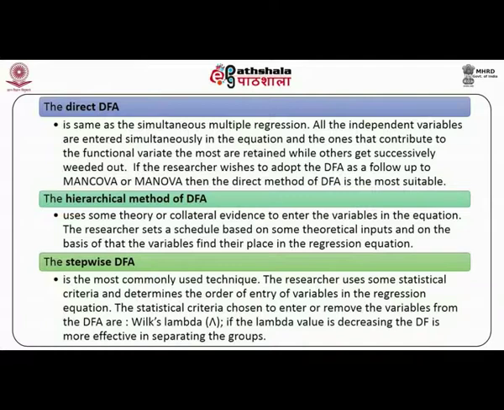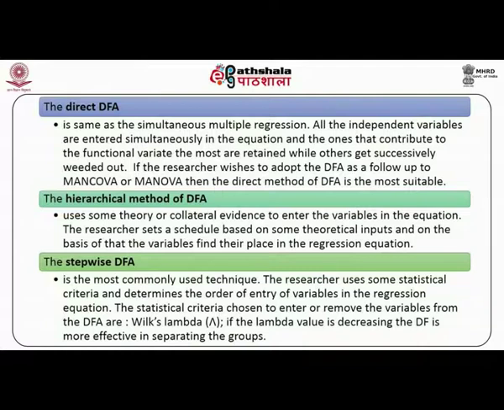The stepwise DFA is the next one, and it has the maximum application that we find in research, and therefore it is the most commonly used technique, one can say. The researcher uses statistical criteria and determines the order of entry of variables in the regression equation.